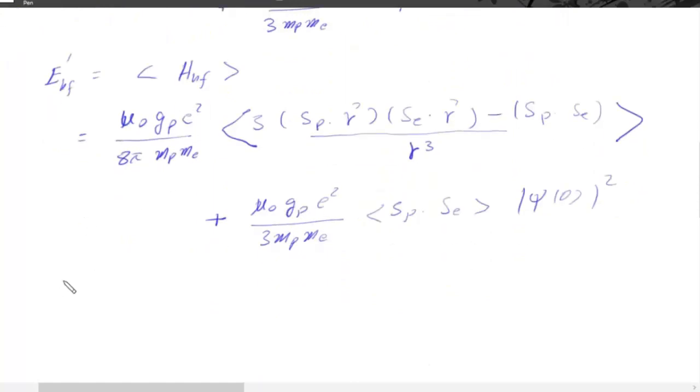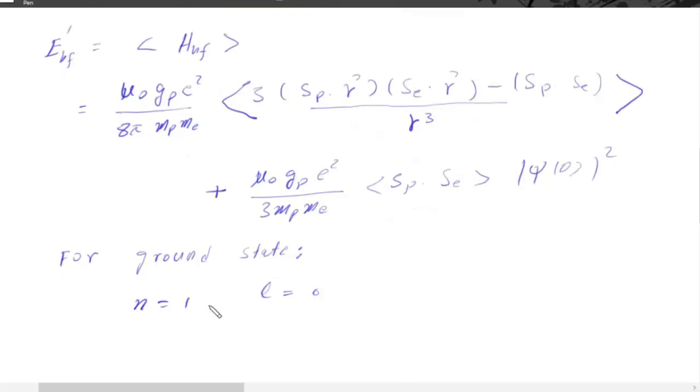Okay, then for the ground state, n is equal to 1 and l is equal to 0. Okay, now then this term goes to 0. Okay, and only this term remains for the ground state.